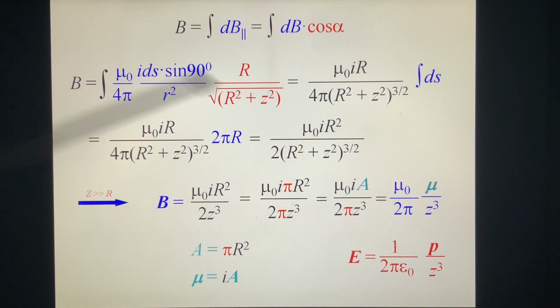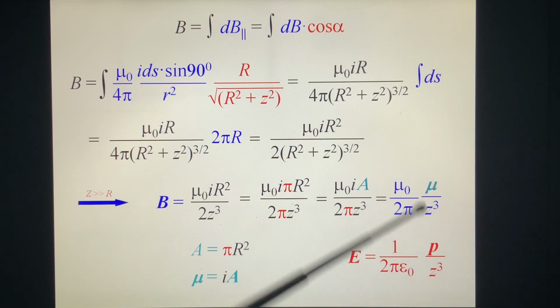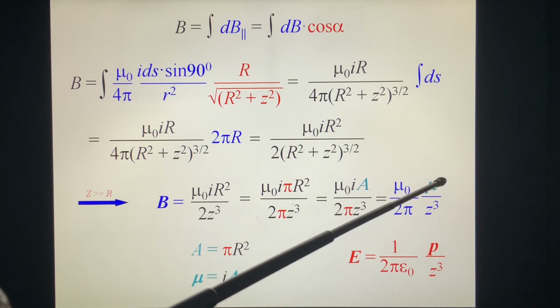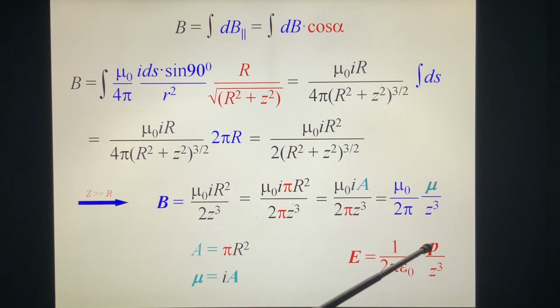Remember, we have 1 over 2 pi epsilon 0, p over z cubed. Compared to this one, epsilon is in the denominator and mu 0 is in the numerator. This is a magnetic dipole mu, this is an electric dipole p. It is very similar.